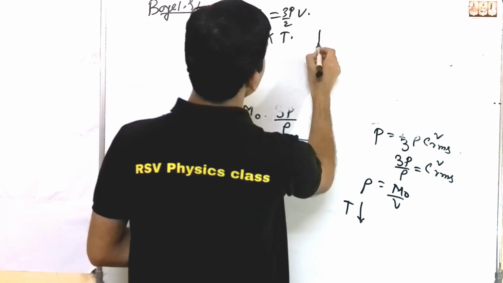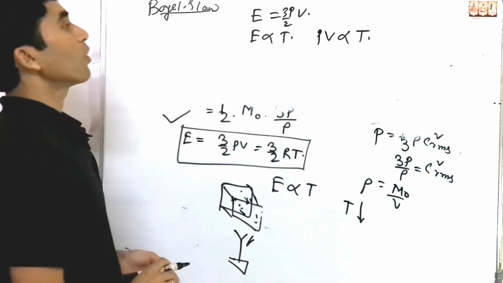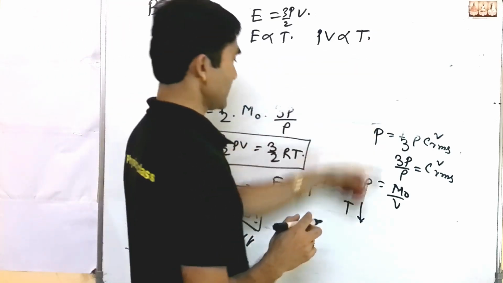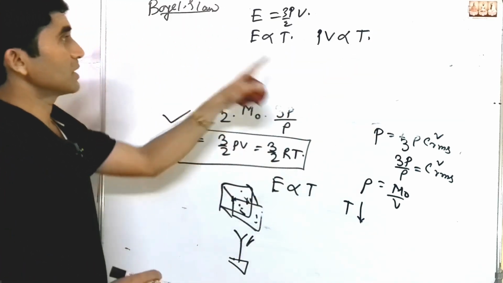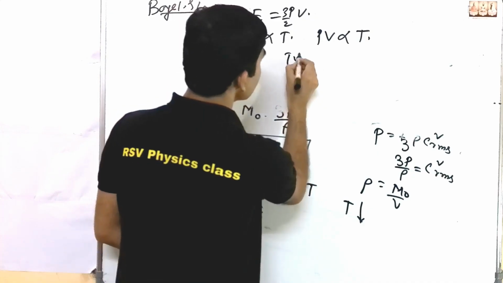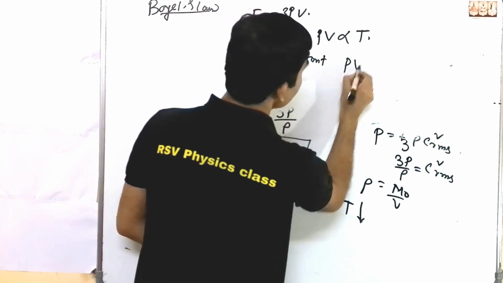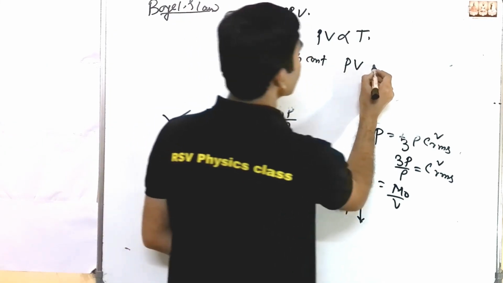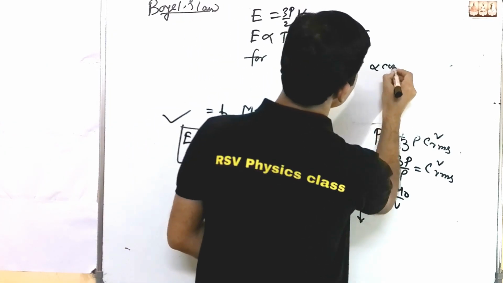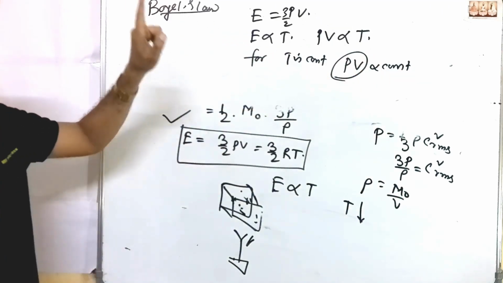So PV proportional to T. For constant temperature, T is constant, PV is constant. This is your Boyle's law.